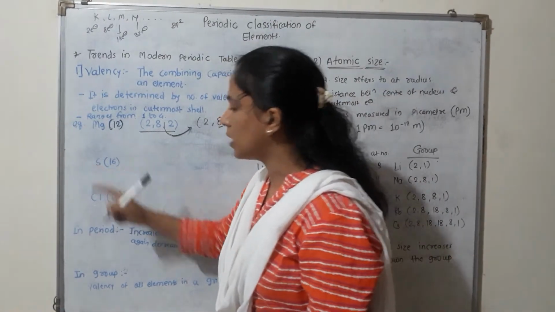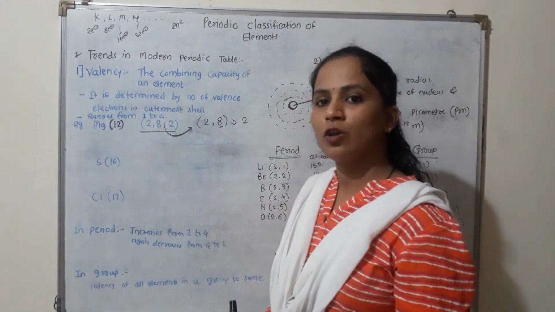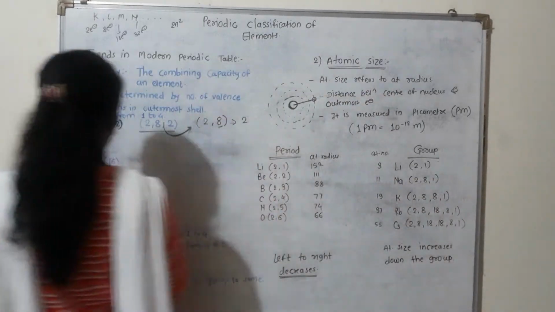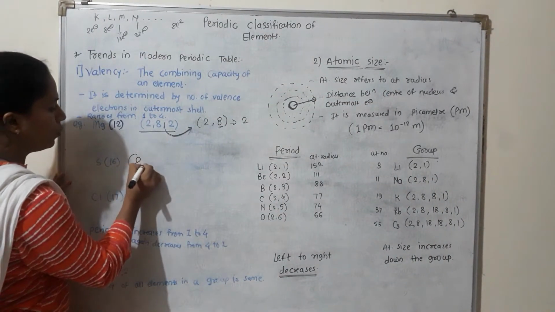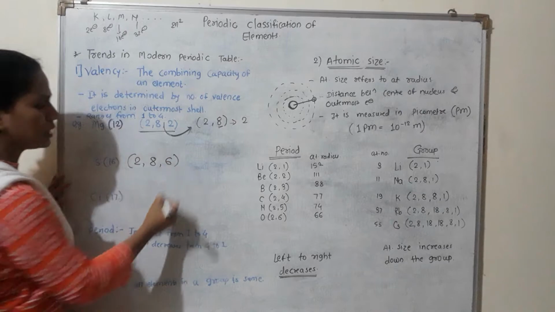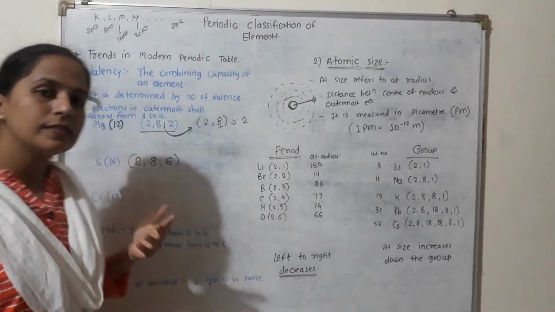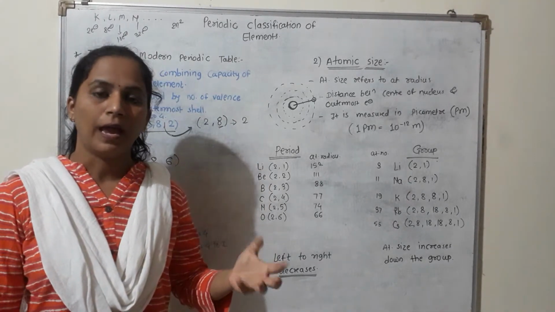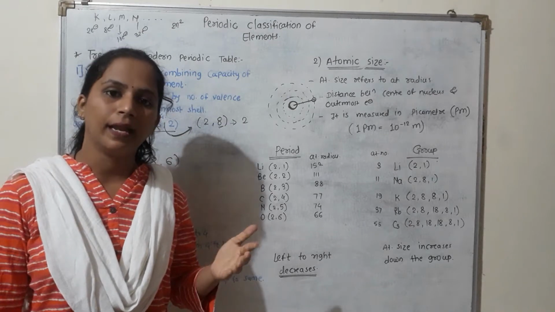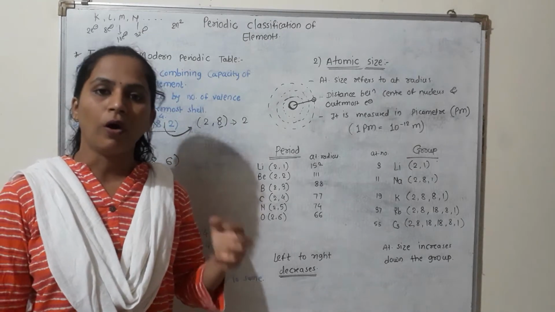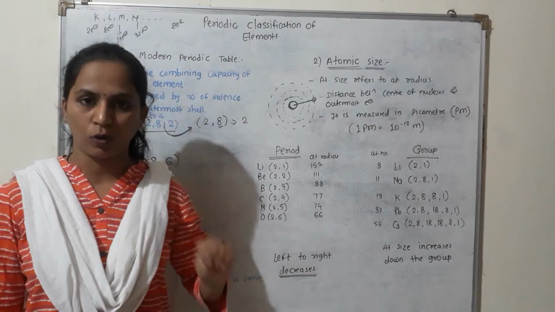Then sulfur. As its atomic number is 16, the electronic configuration of sulfur is 2, 8, 6. There is a limitation in giving and taking electrons: any element can give or take up to 4 electrons only.